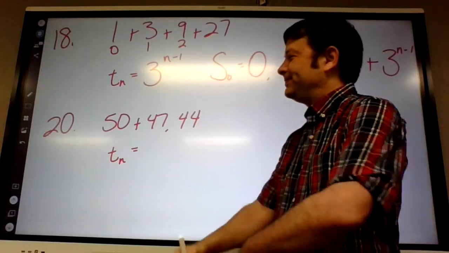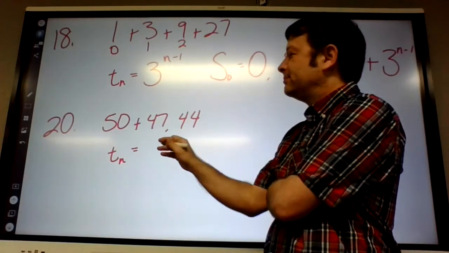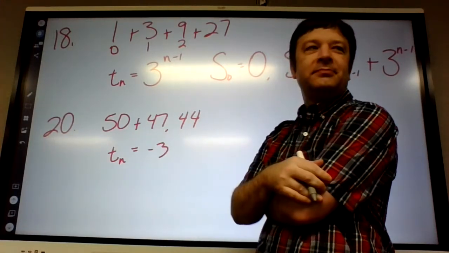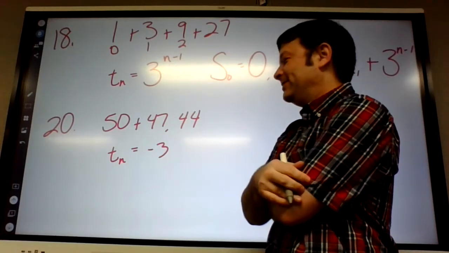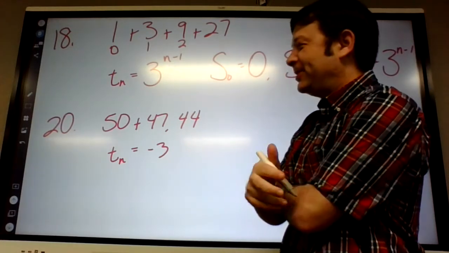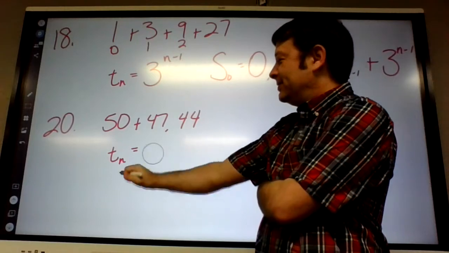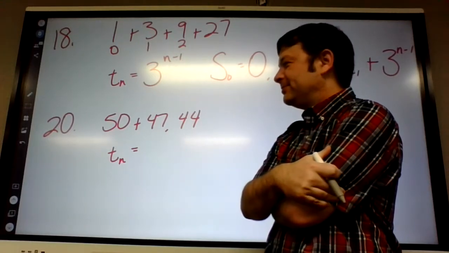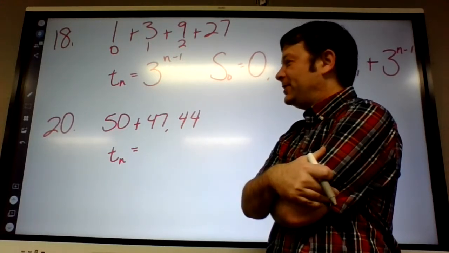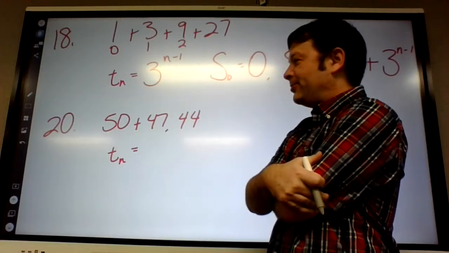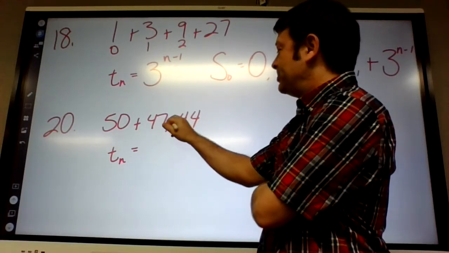Any ideas? Minus 3. That's not right. I was just trying to point it out. How do we get 50? And then how do we get 47? And how do we get 44?